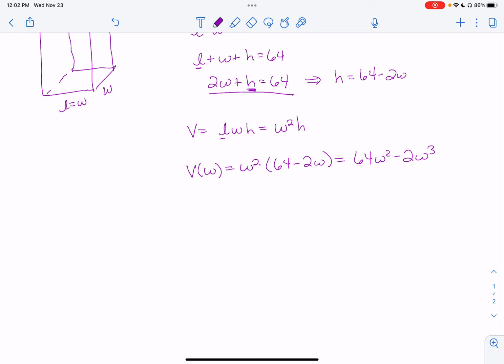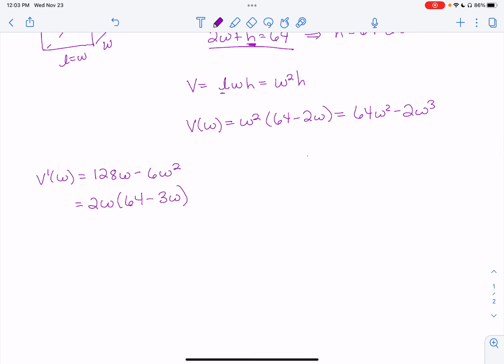So if I find the derivative of my volume, V prime of w is equal to 128w minus 6w squared. I can factor a 2w out of both terms, and I'll get 2w times (64 minus 3w).